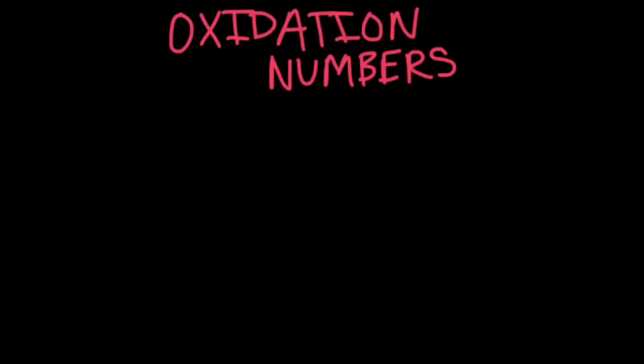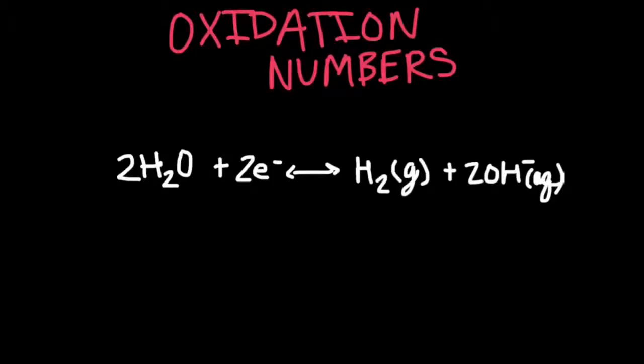First, let's look at the oxidation numbers of the two half reactions. One reaction is as follows: 2H2O plus 2 electrons yields hydrogen gas and 2 OH-. In a molecule, oxygen has a -2 oxidation number, so in order to get a neutral molecule, hydrogen must be +1.